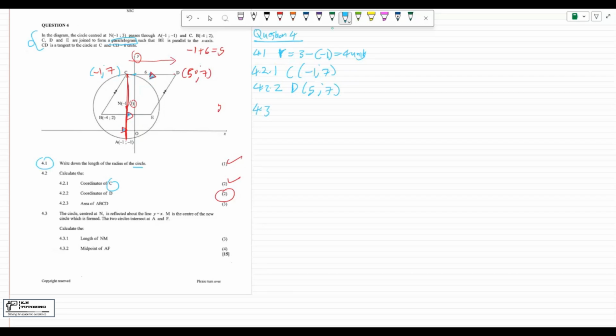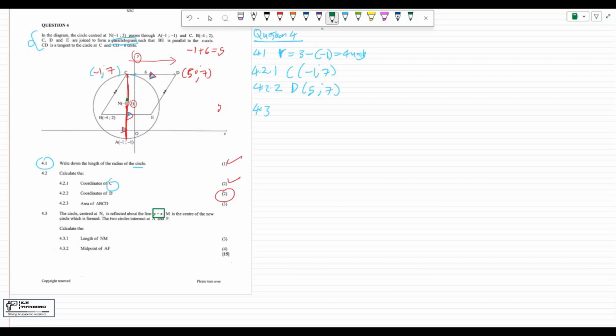4.3. The circle with center N is reflected about the line y equals x. M is the center of the new circle which is formed. The two circles intersect at A and B. Okay, now let's see. This point will be reflected about the line y equals x.